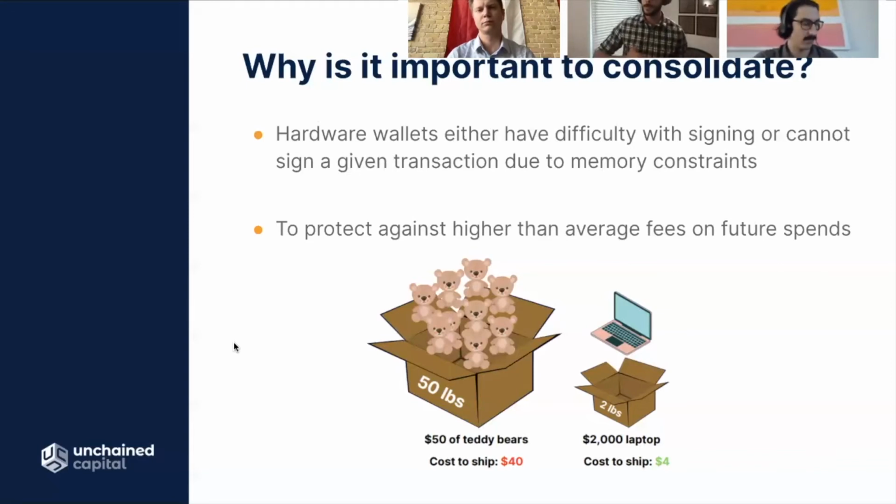So if I have 10 UTXOs, I consolidate them into one, and fees are at 1 or 2 or 3 sats per byte, Satoshis per byte of data. That's the rate, right? How many Satoshis I'm paying per byte of data that I'm sending. If I do that now, then when the fees are 100 Satoshis per byte, I'm sending much less data at that point in time, and so my fees will be cheaper.